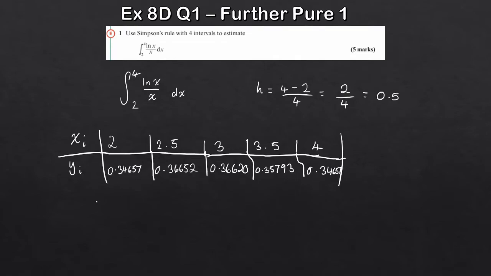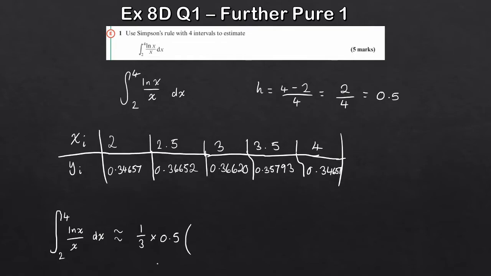Now we actually need to apply the rule, so the formula. We're integrating ln of x divided by x between 4 and 2 dx. Now this is going to be approximately equal to a third, it's always a third, times h. My h in this question is 0.5, so it's a third times 0.5.